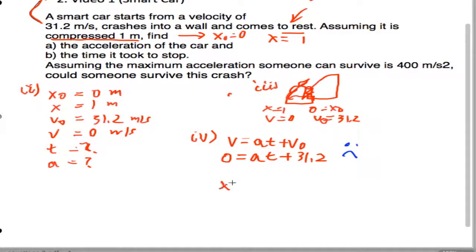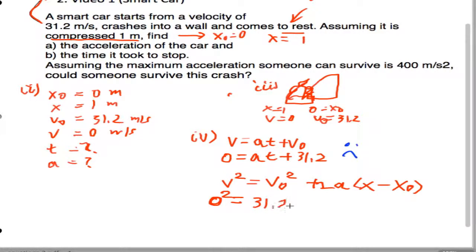We're going to have v squared equals v naught squared plus 2 times the acceleration times x minus x naught. Let's go ahead and plug in our numbers. So if we do that, we're going to get 0 squared equals 31.2 squared plus 2 times the acceleration times 1 minus 0.